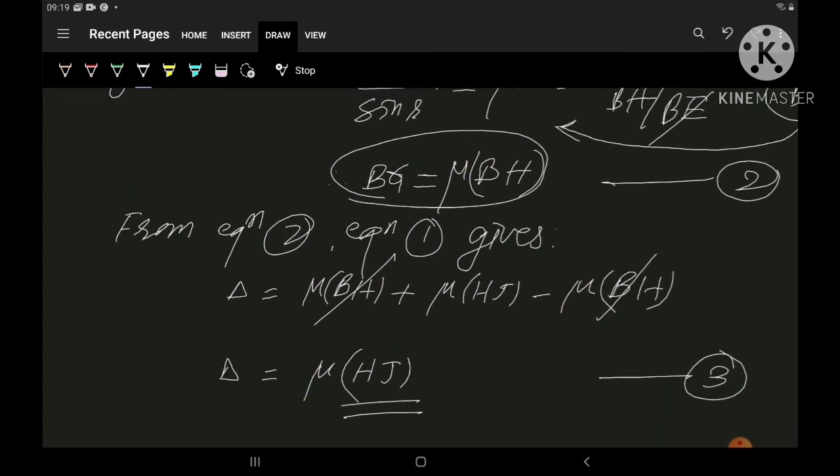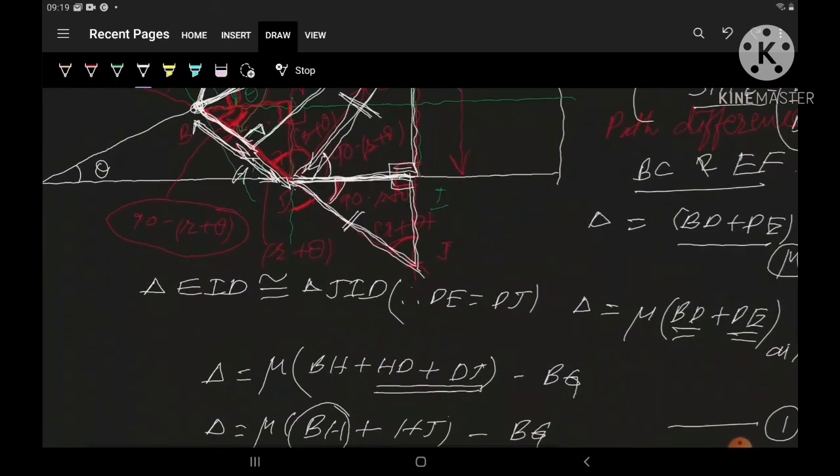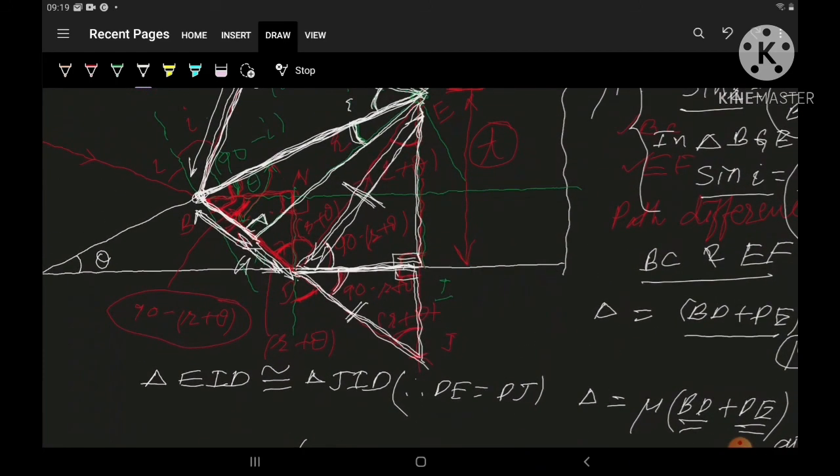So we have to consider in the figure the triangle which consists of HJ. This is HJ. So let us consider the triangle EHJ.